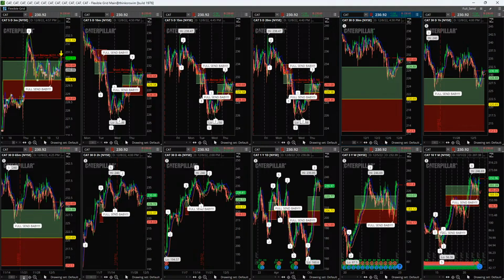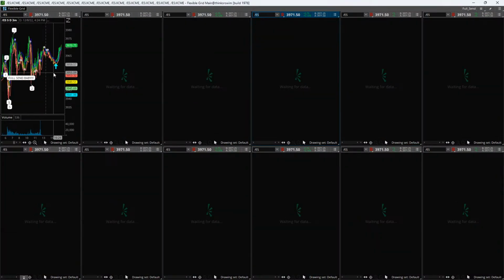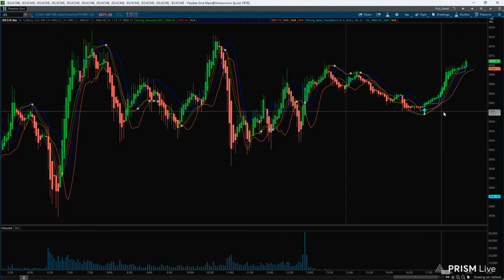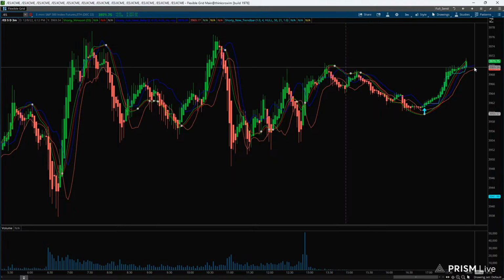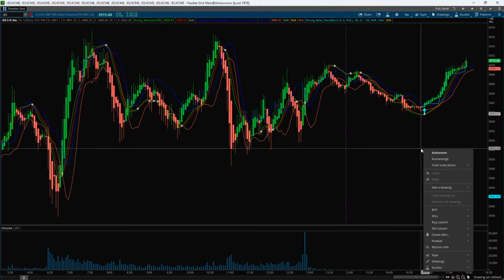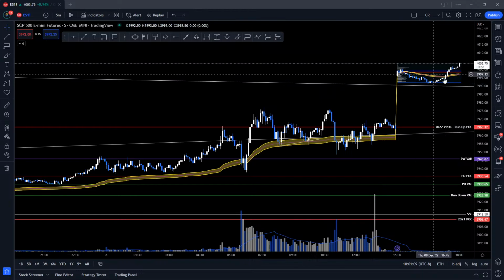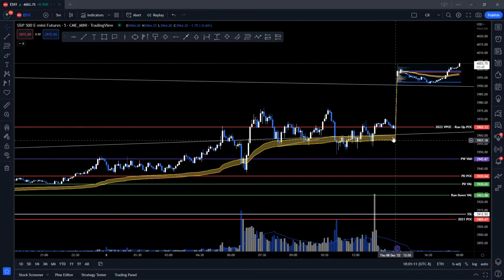So if we look at TOS, ES is trading at like 3,939.70 and 88 cents. And then if we go back to TradingView, we're up in the 4,000s.